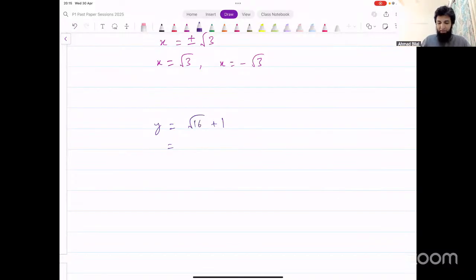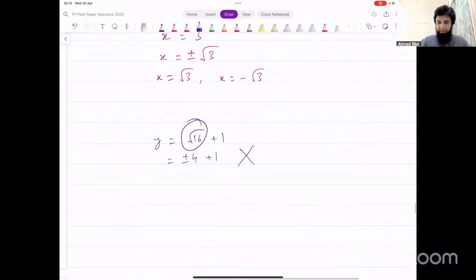Now, in this case, you do not say that it is plus minus 4 plus 1. No. This is under root 16. The square root is already there. If the square root is already there and they don't have anything outside, that means it's positive. If there was a negative, they would have that explicitly outside like this. If there's nothing outside, that means it's the positive square root.